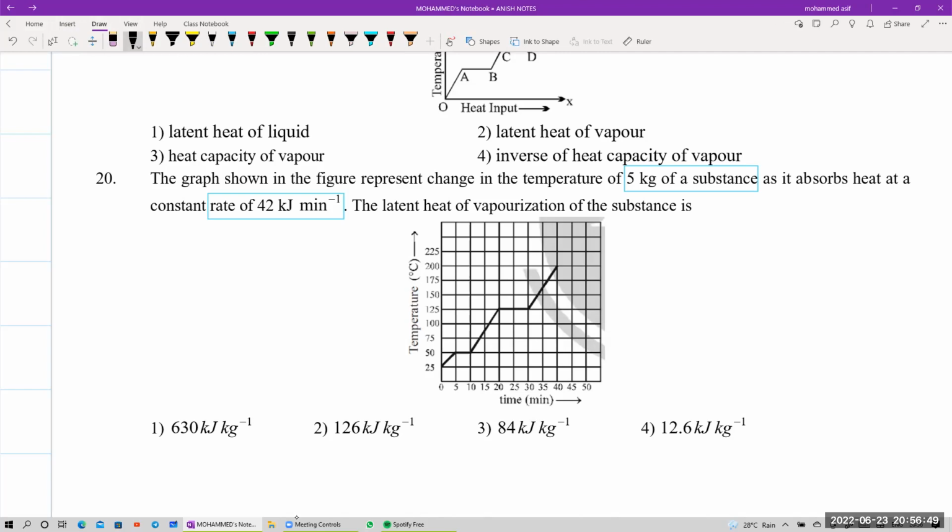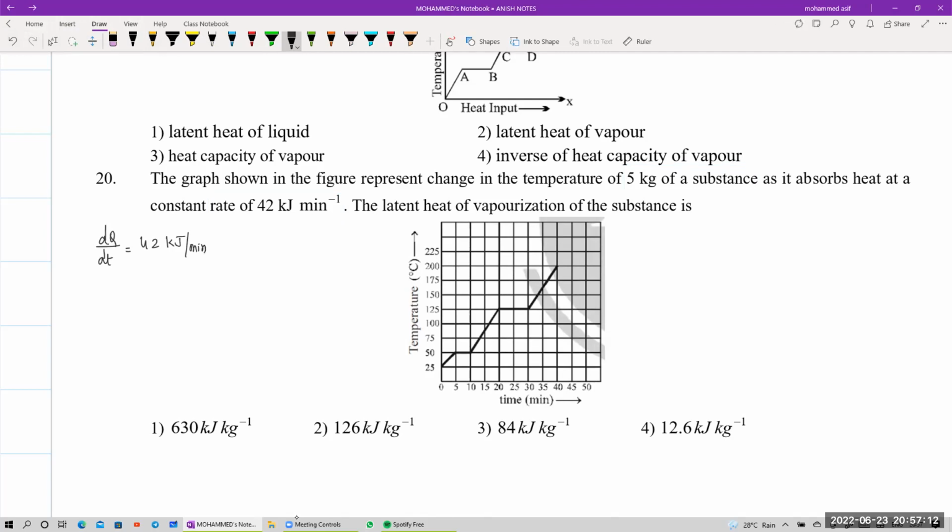So dQ by dt is given how much, beta? 42 divided by time only, na? Yes, sir. Isn't it? So dQ by dt is equal to how much for me? 42 kilojoules per minute. Yes, sir. Kilojoule per minute.